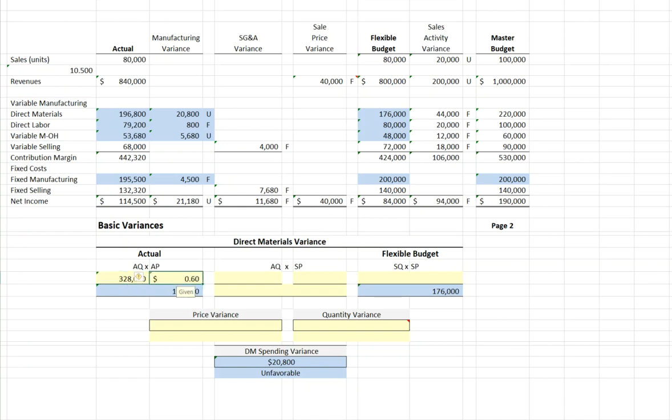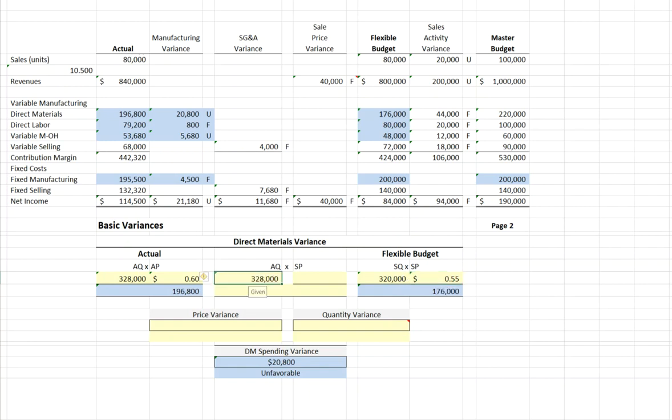We were given an actual price of 60 cents per pound. We could have backed into that by taking the actual cost of direct materials divided by our actual quantity. We had a standard quantity allowed, 80,000 units at 4 pounds per unit, of 320,000 pounds at a standard or budgeted price of 55 cents per pound.